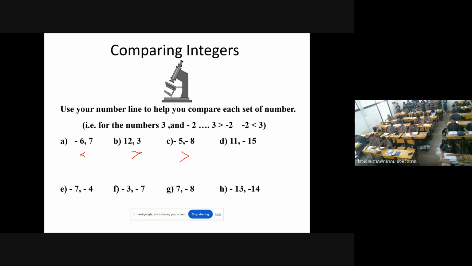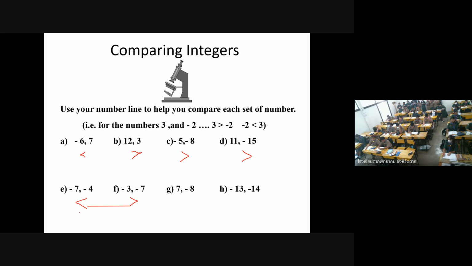Next, letter D, 11 and -15. 11 is more than -15. Next, letter E, -7 and -4. -7 is less than -4. Next, letter F, -3 and -7. -3 is more than -7.